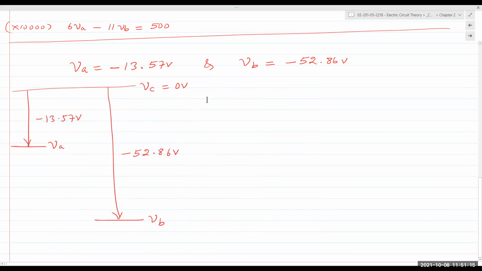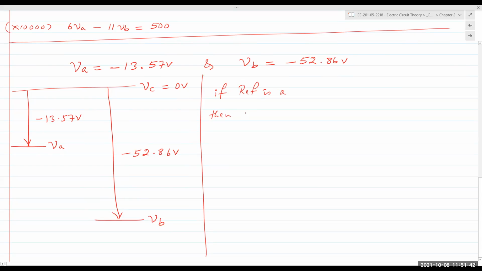So these results for node voltages are solely for reference node being at C. If you choose your reference node to be at A, then VB and VC are your unknowns, right?